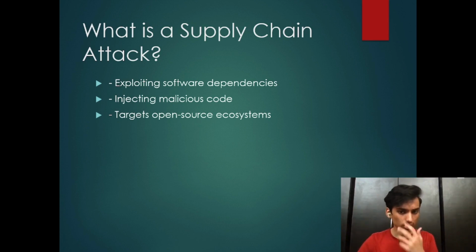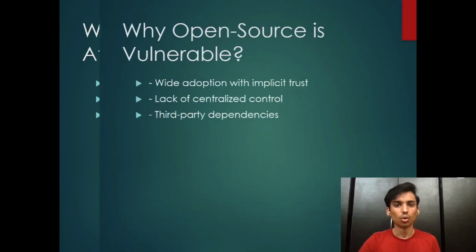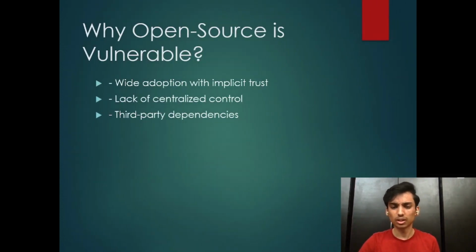Moving further, why is open source so vulnerable? Open source software is particularly vulnerable due to three main reasons. First, open source software is a trust-based system. Developers often assume that widely used packages are safe. Therefore, they don't even check for the presence of any malicious code within them. Secondly, lack of any central authority in managing open source software.